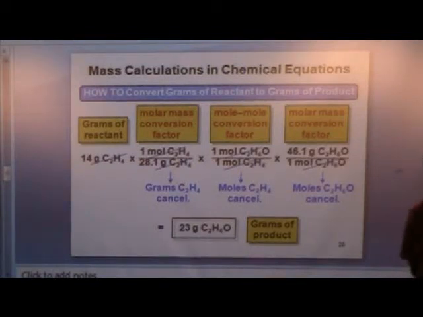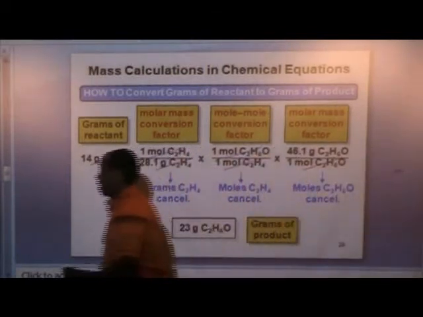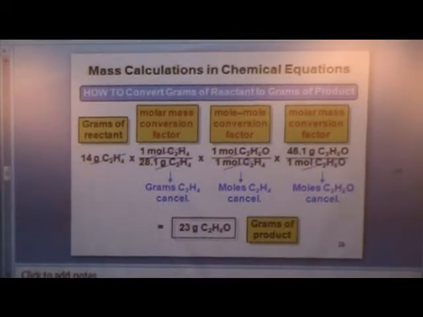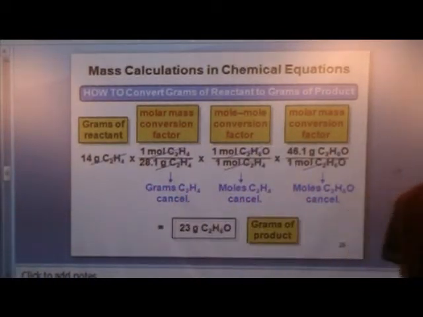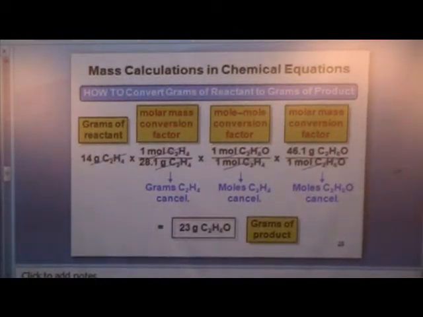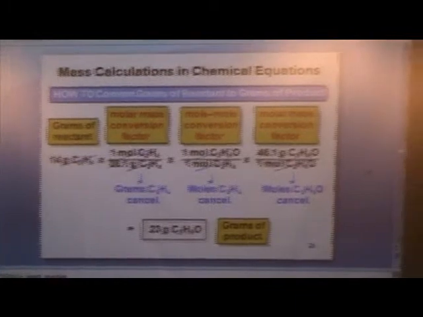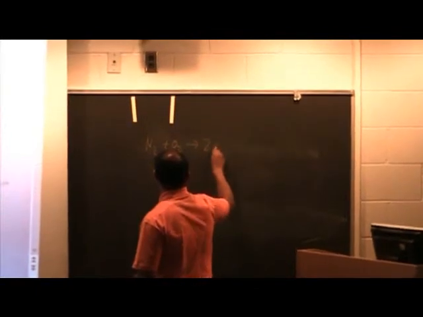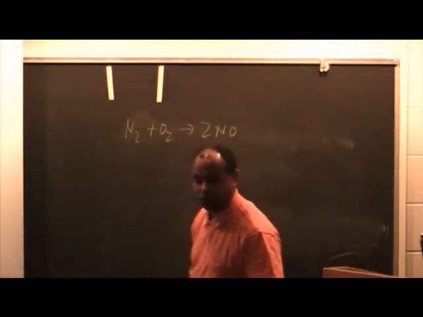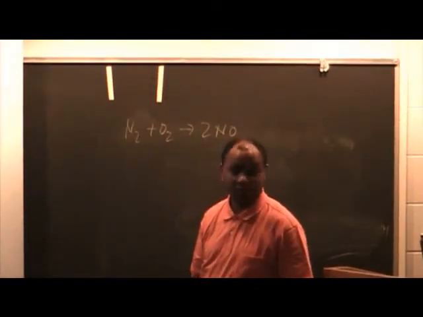Now the second problem. How many of you solved the second problem? What's your answer? 18.75 grams of nitrogen monoxide. Okay. Again, we're going to use the same equation. N2 reacts with oxygen and gives you 2NO, nitrogen monoxide.